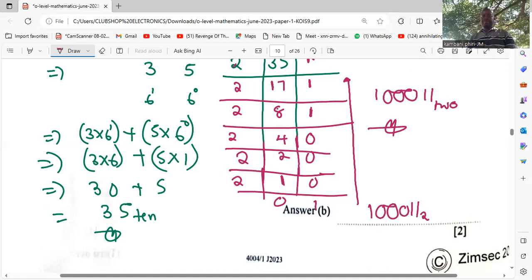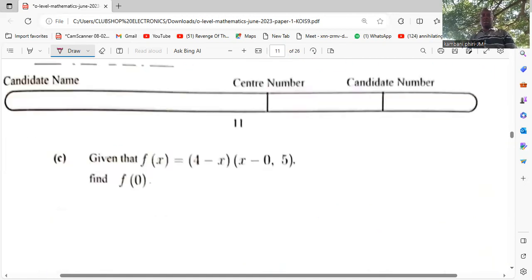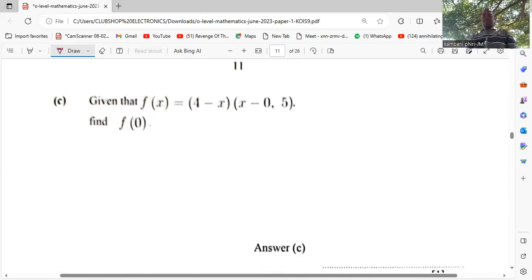All right. The next question, C. Given that f of x is equal to 4 minus x over x minus 0.5, as it is represented in this paper. F of x, so it means we are substituting.